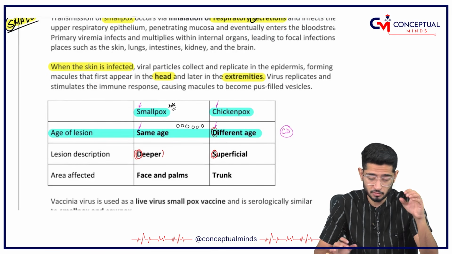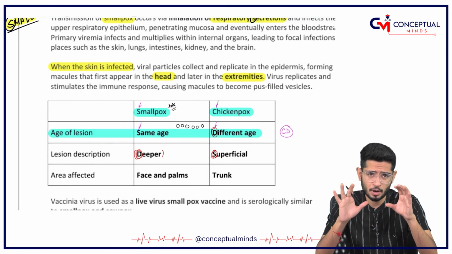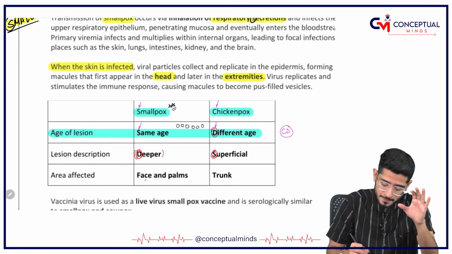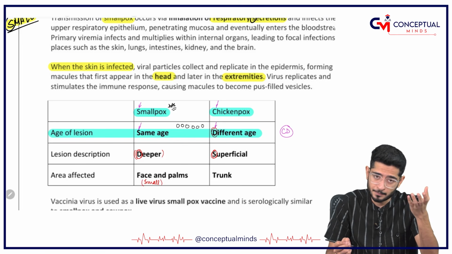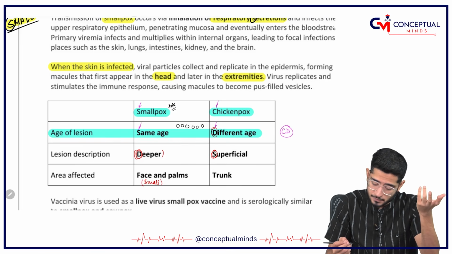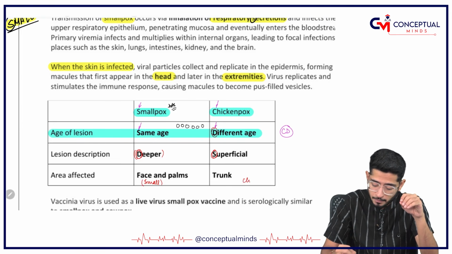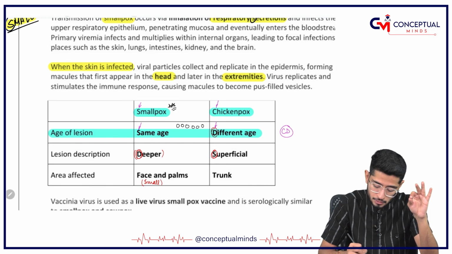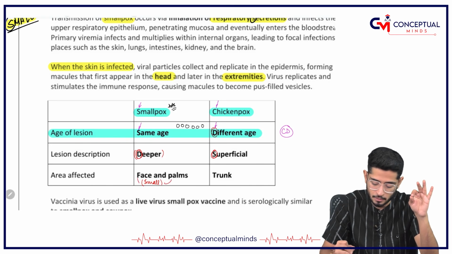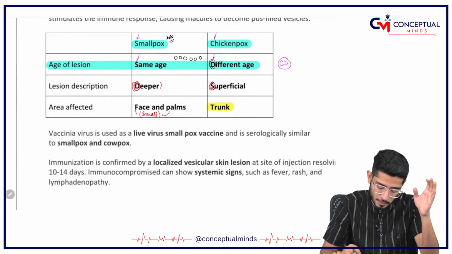Please remember, the trunk is a big one, whereas face and palms are small ones. So because they are small, the area affected is the face and palms in the case of smallpox, whereas the trunk, being a little bigger, is what chickenpox affects first. Clear? Easy? Correct. So small areas like face and palm by smallpox, whereas bigger area like trunk by chickenpox. Okay.